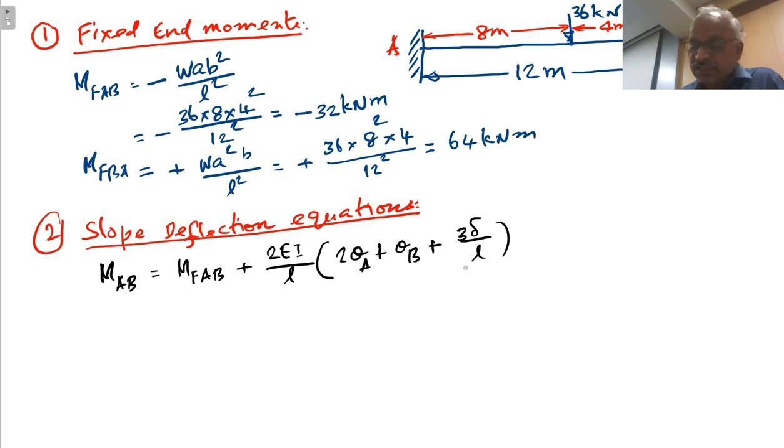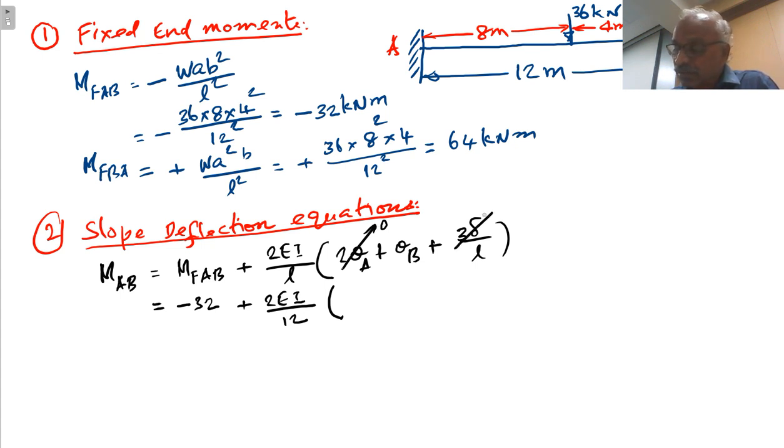Right. Now in this, M of AB is minus 32, plus 2EI by L, L is 12 meters, into theta A. A is a fixed end. Therefore, theta A equal to 0, so you can cancel theta A. And also, there is no mention about the settlement delta, therefore that is also equal to 0.